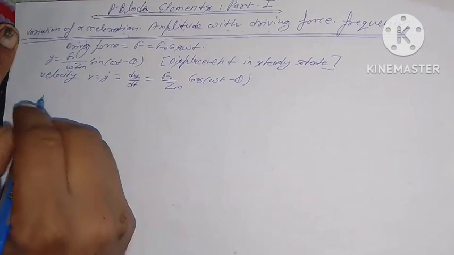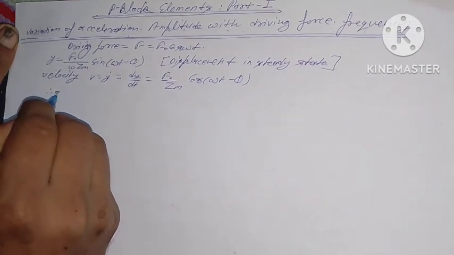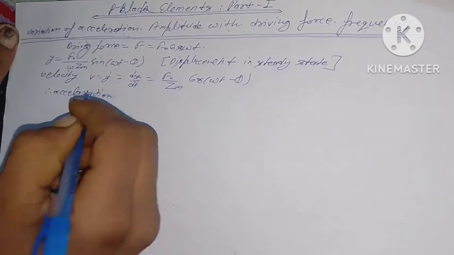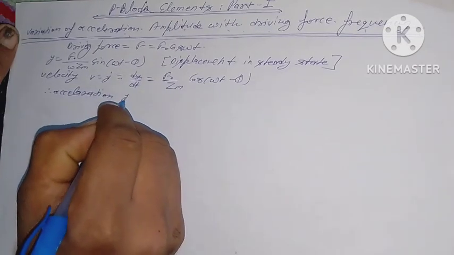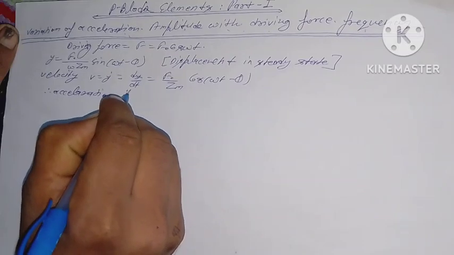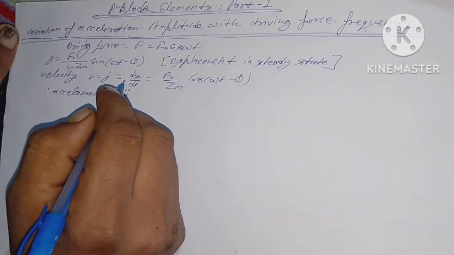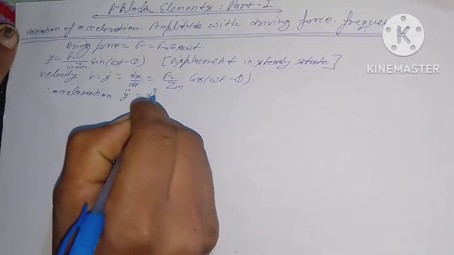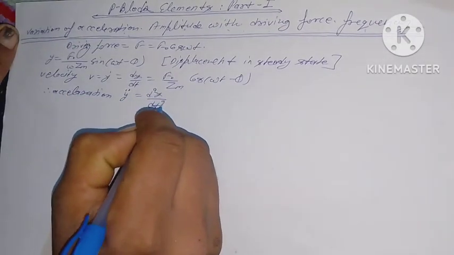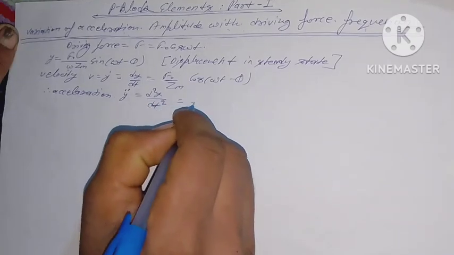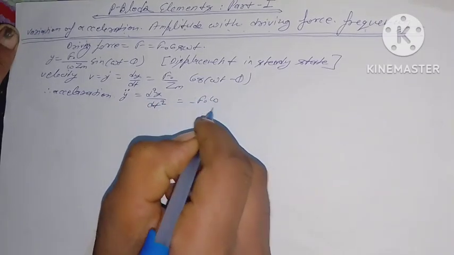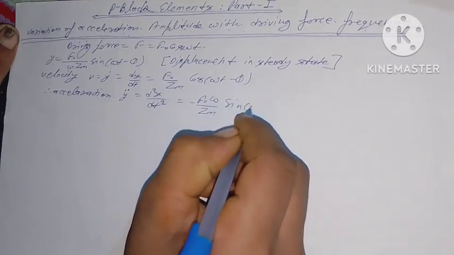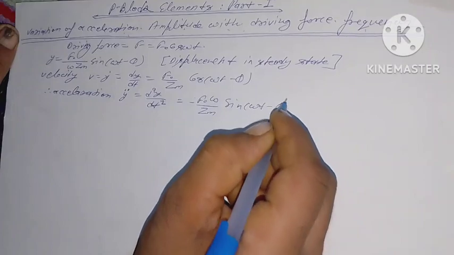Then acceleration, double differentiate of y, equal to d square y upon dt square equal to minus F naught omega by Zm sin(omega t minus phi).